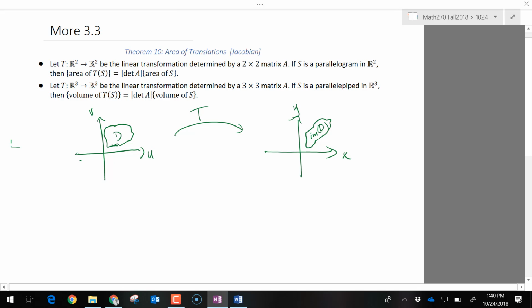So everything in D gets mapped exactly to everything in this region here.